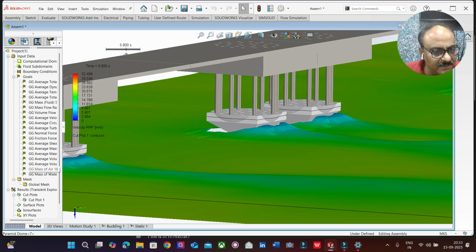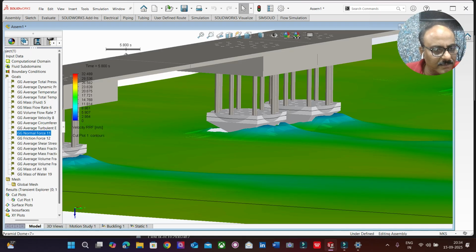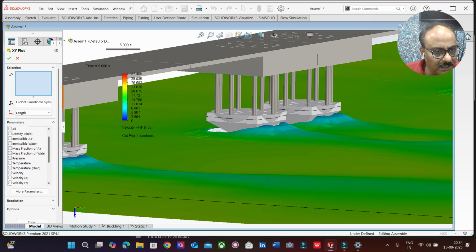So we have defined this. Okay, so now I am going to find out, let's say, the axial velocity at this particular structure.